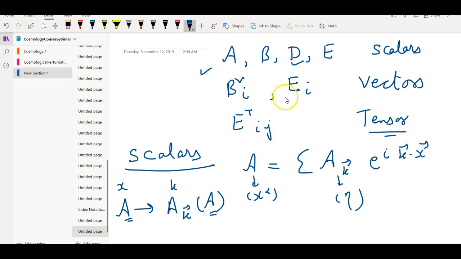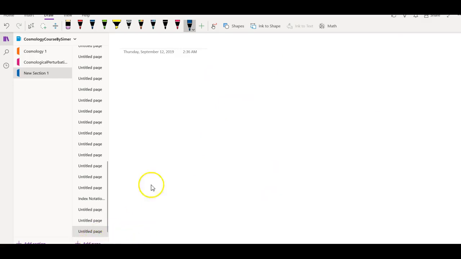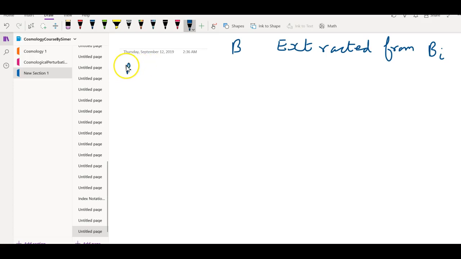Next we want to see how about B, which is extracted from B_i. Remember that we wrote B_i as a curl free component, the scalar component, plus a divergence free part, B_V^i.